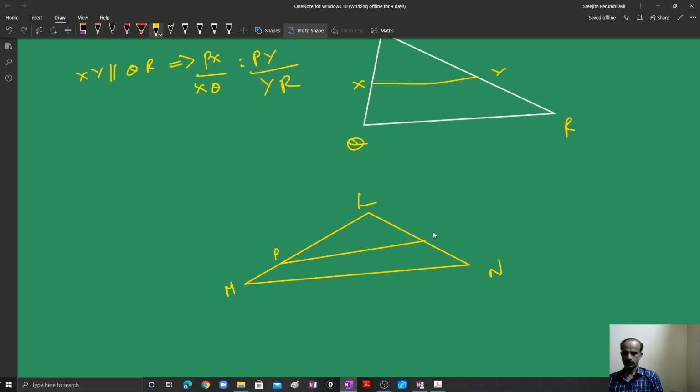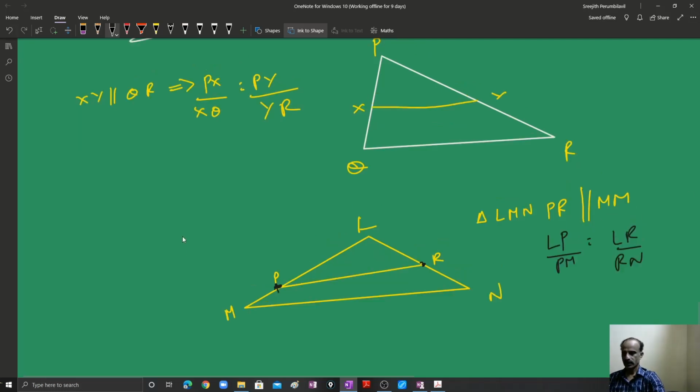In triangle LMN, PR is parallel to MN. So what happens? A line is drawn parallel to one side of a triangle to intersect the other two sides at distinct points, so these two sides are divided. LP by PM is equal to LR by RN.